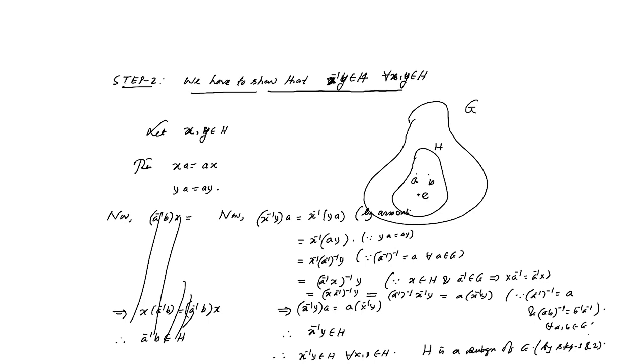Now we'll continue with another important subgroup. The subgroup is called the special linear group. Here recall the general linear group, which we represent as GL2R. What is GL2R?